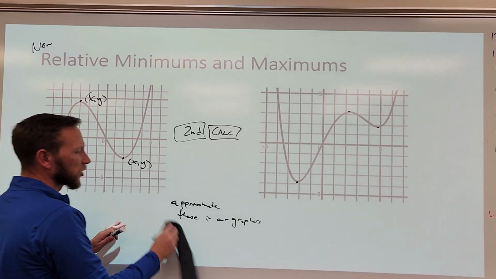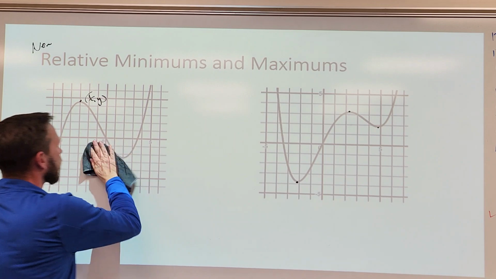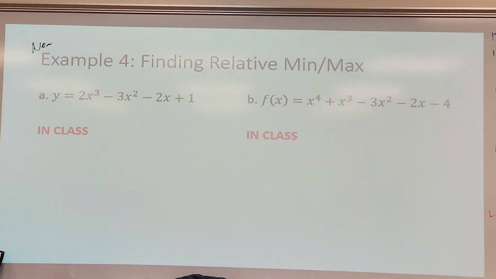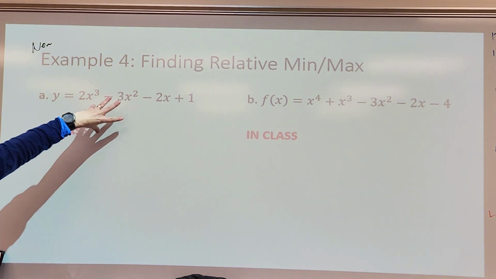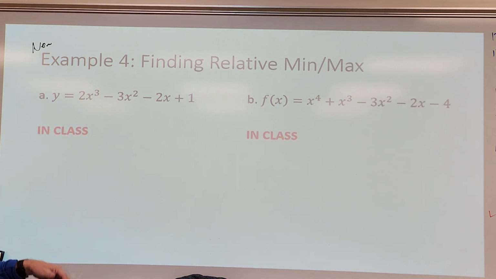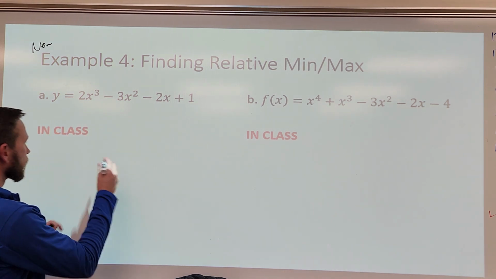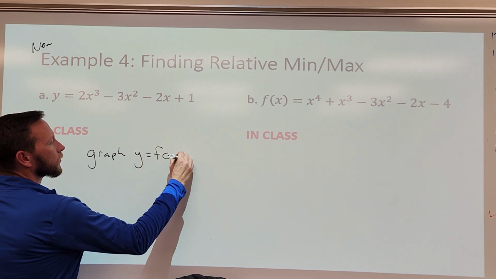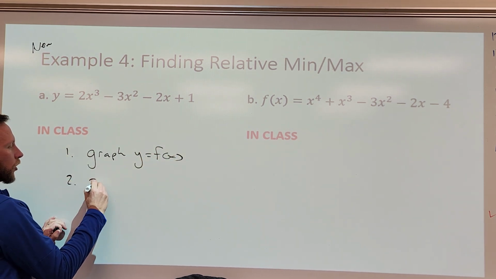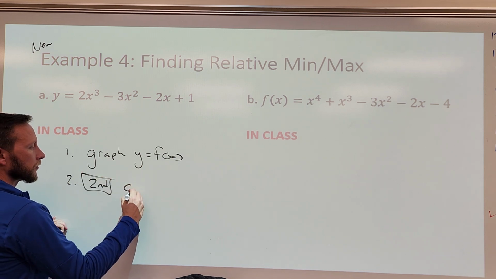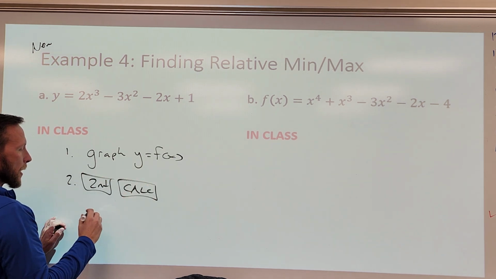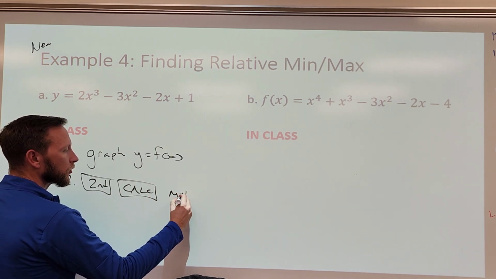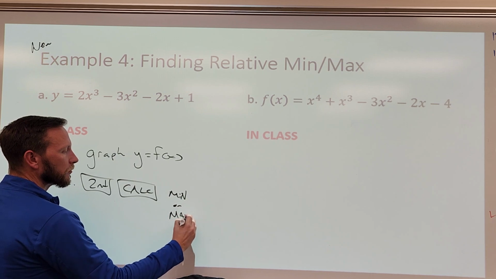So try your best to draw those pictures, and you do not have to tell me what those values are. We're going to explore that with our calculators using some of these examples in class. With respect to finding these relative minima and maxima, we are going to graph these. Then we are going to use the calc menu to identify a minimum or a maximum.